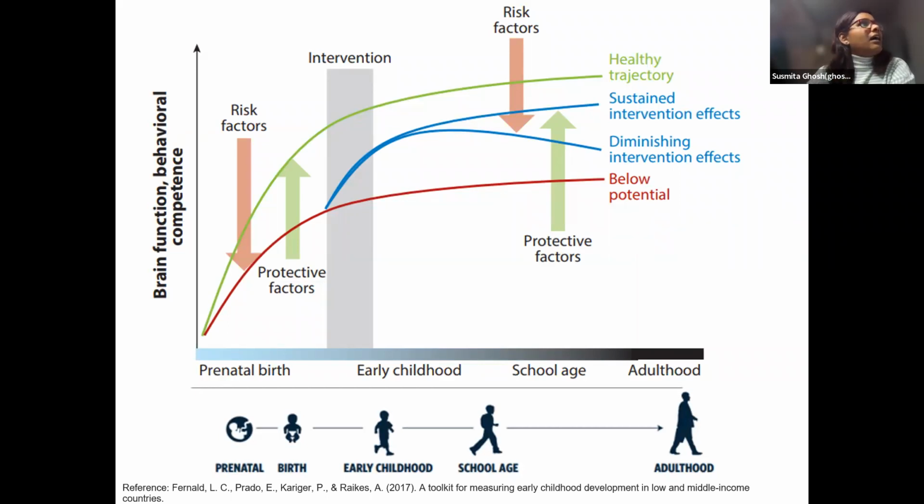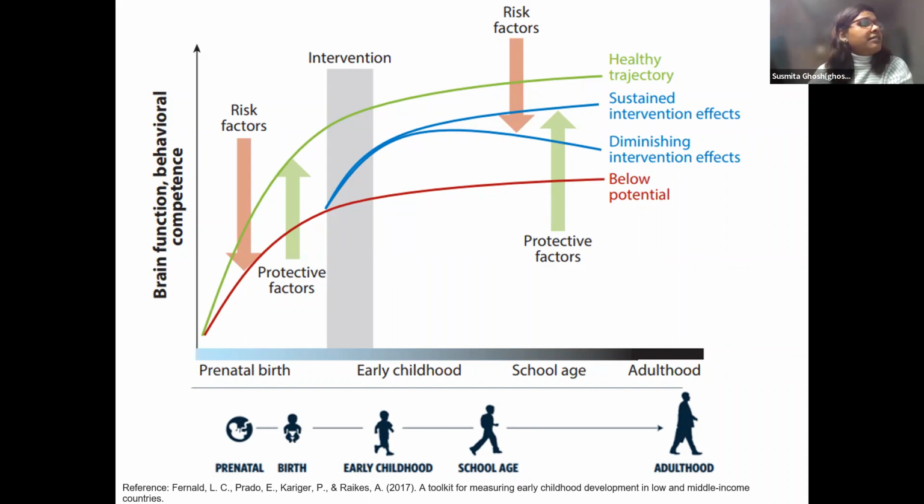And the thing is, if the child is exposed to protective factors after the intervention, then the intervention effects are going to be sustained. Or if the child is exposed to risk factors, so I didn't mention the protective factors.